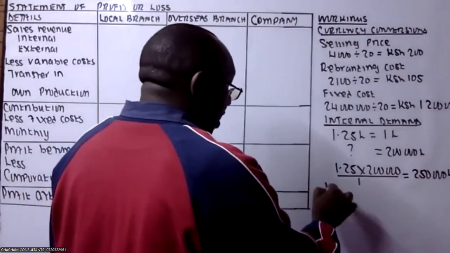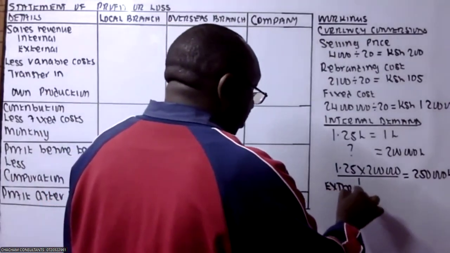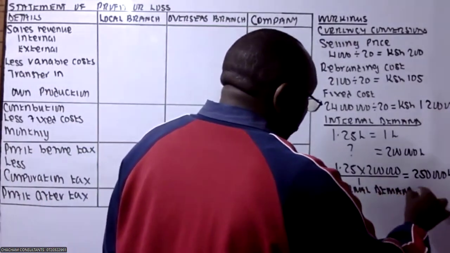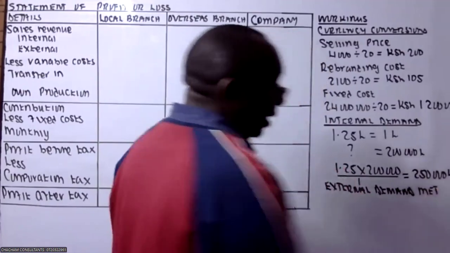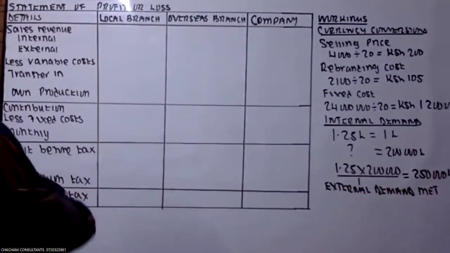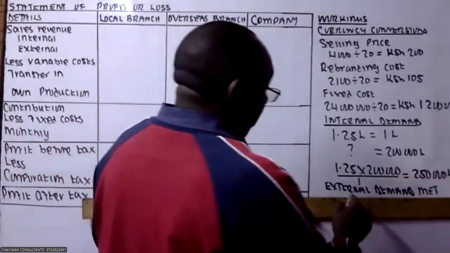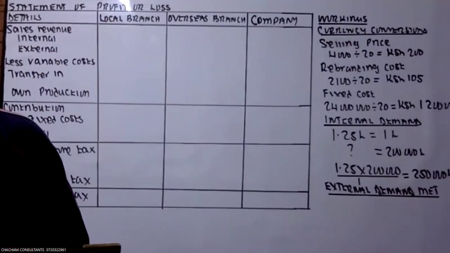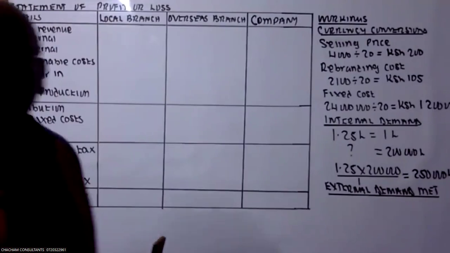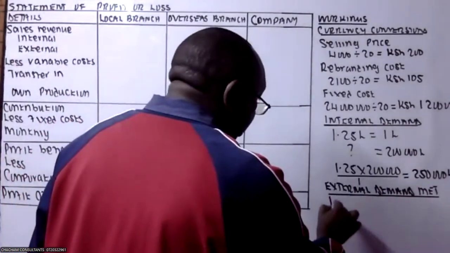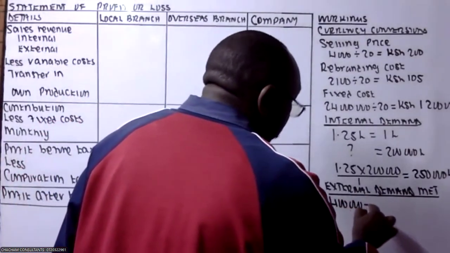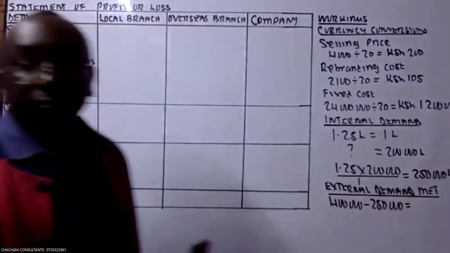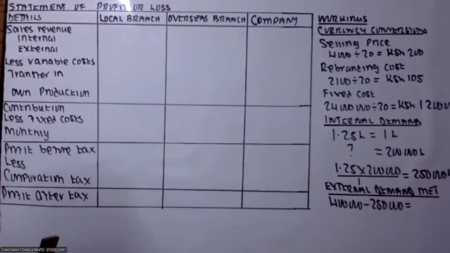So the external demand that you can meet. There is production capacity of 400. First you remove this 250,000.